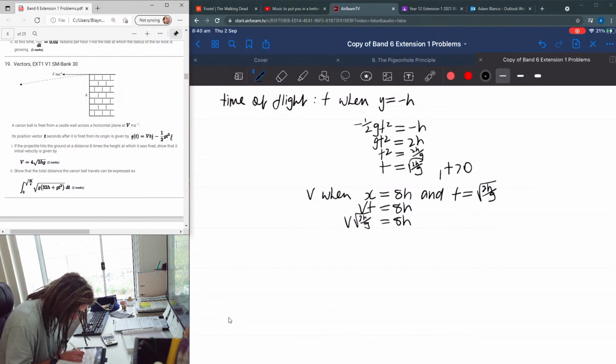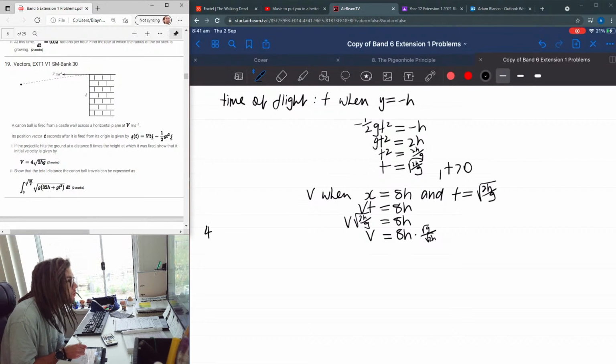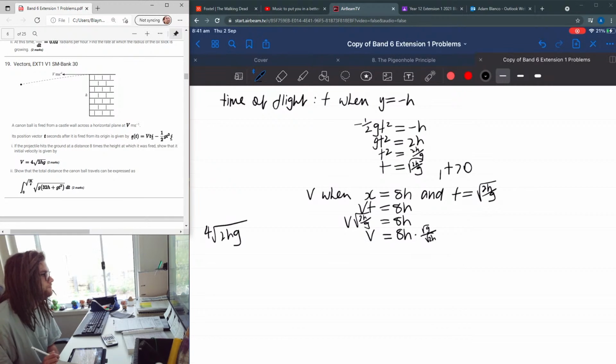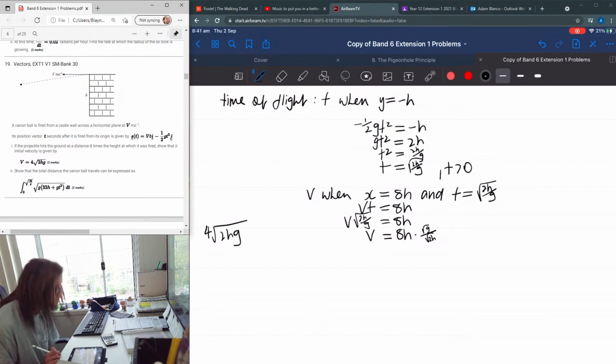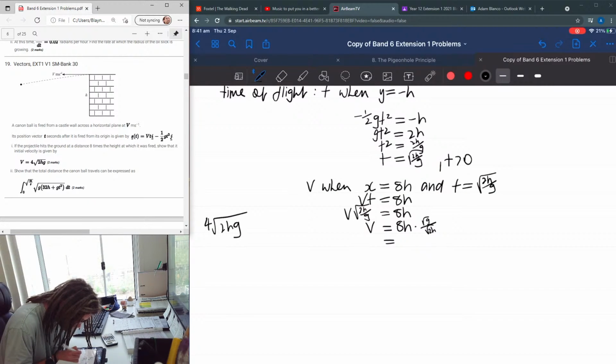Anyway, v equals 8h times root g on root 2h. So we've got to make this look like the goal, which is 4 root 2hg. Okay, that's the goal. Now, what have I got on the bottom? Let's just write this as a fraction, 8h root g on root 2h.